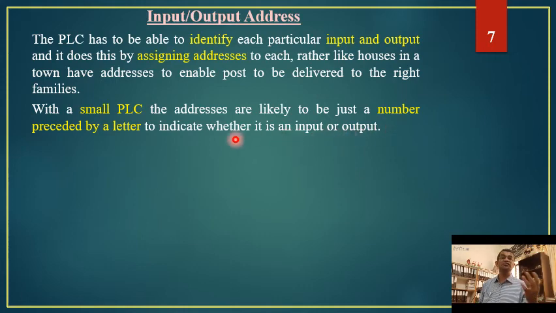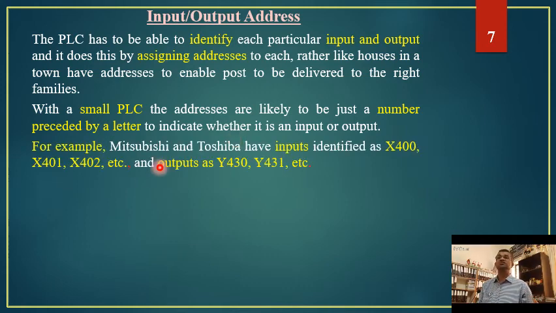Now either we can give X or we can give Y. So basically, these letters will distinguish whether the address that we are talking about is an input address or an output address. Right? So for example, here you have the example.